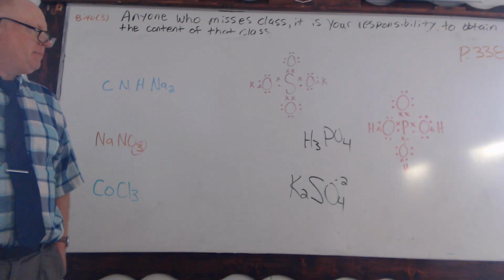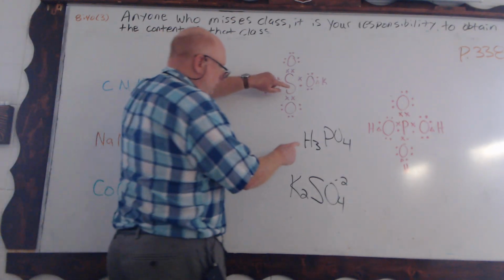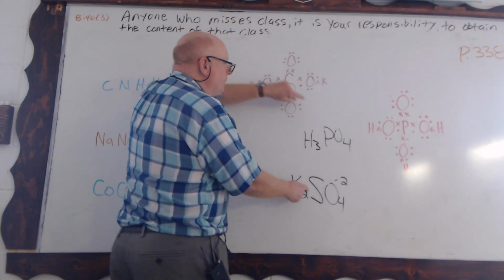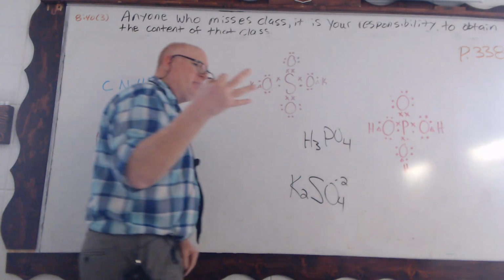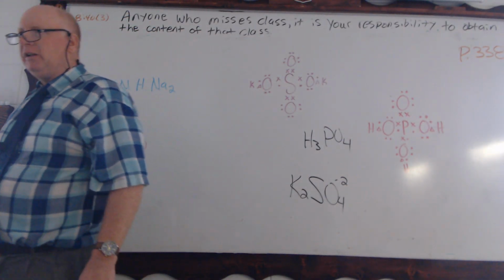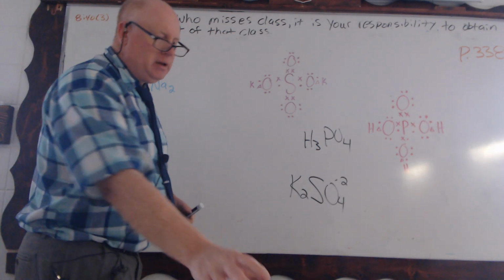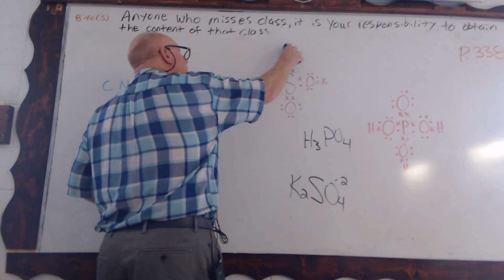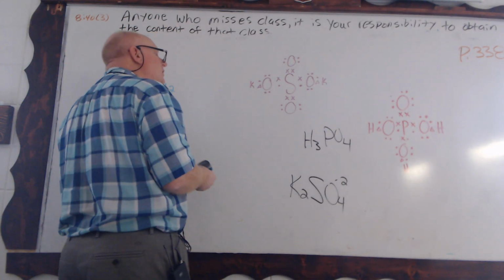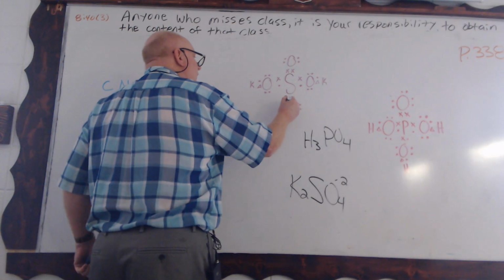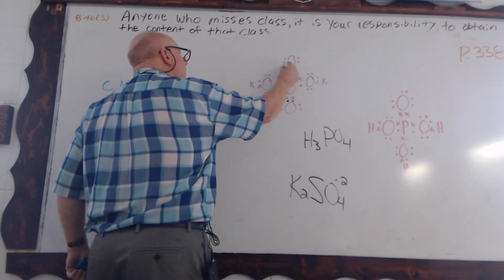But the most important aspect is these two elements, the sulfur and the phosphorus, they're in the third period. That gets to be significant because one of the things you might hear when you go to college is something called an expanded octet, okay? And really what that means is, technically you would not be wrong if you were to take these two electrons and these two electrons and just say, well, I think that they should be here and here.